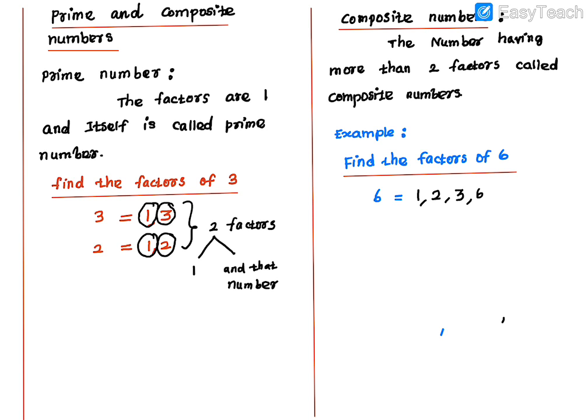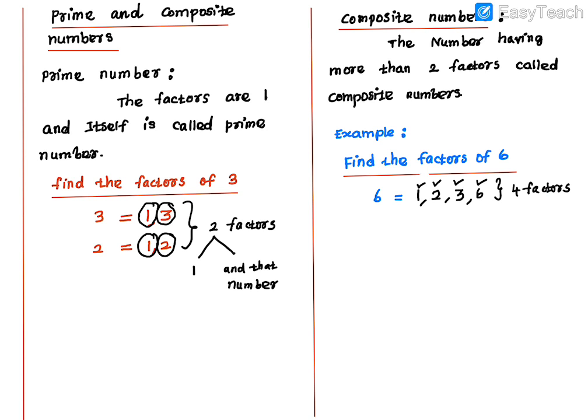Now see, what is the basic fact about prime number and composite number? Prime number means only two factors, that factor is 1 and itself. See here, totally how many factors? Here 1, 2, 3, 4, so totally 4 factors.